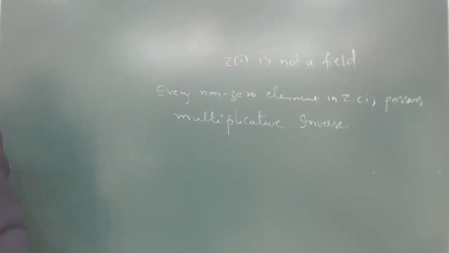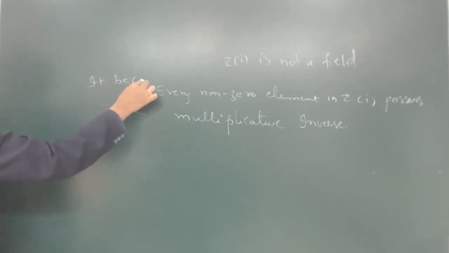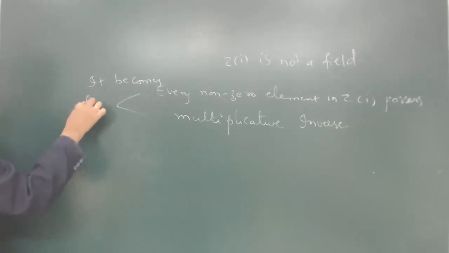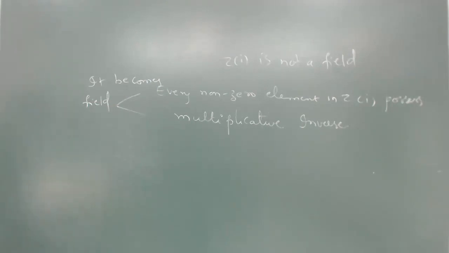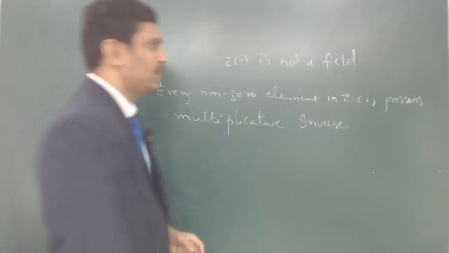If this property is satisfied by Z of I, it becomes a field. So, if you want to show that it is not a field, we have to show that this property will not hold.